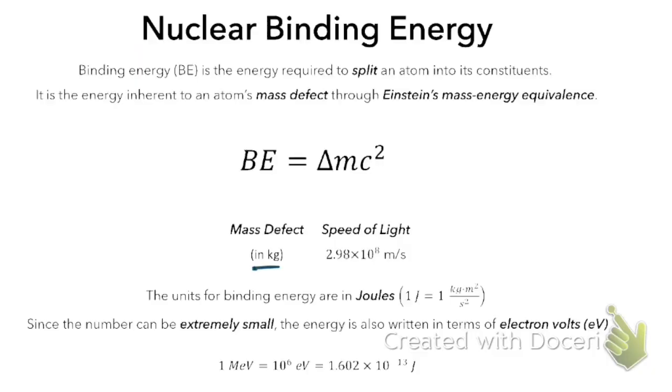This is in kg, hope you can recognize this. This is 2.98 times 10 to the power 8 meters per second. This is 1 joule, right? This is 1 MeV, 10 to the power 6 eV. These are conversions.